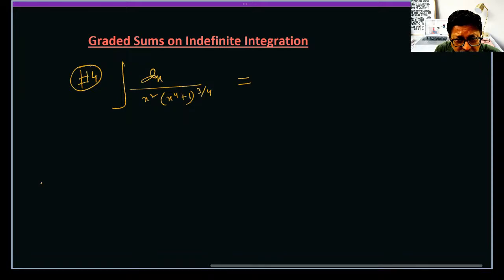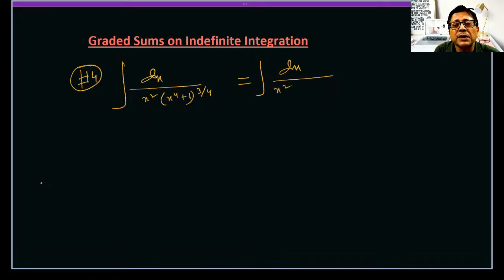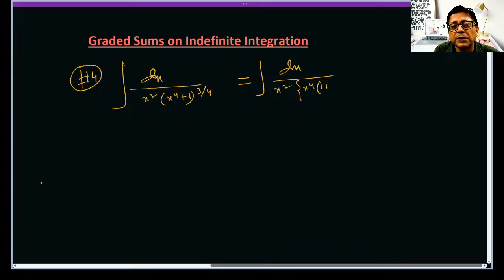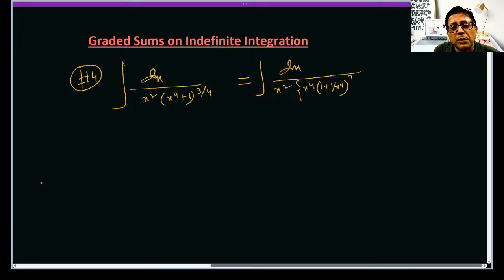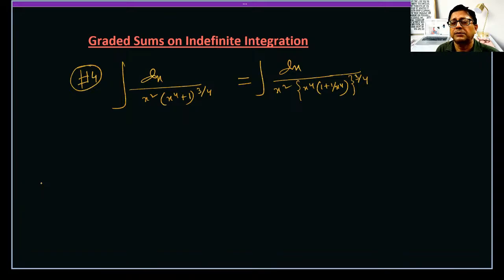You just from the bracket take x to the power 4 common. If you take x to the power 4 common, it is (1 + 1 by x^4), this whole thing to the power 3 by 4.